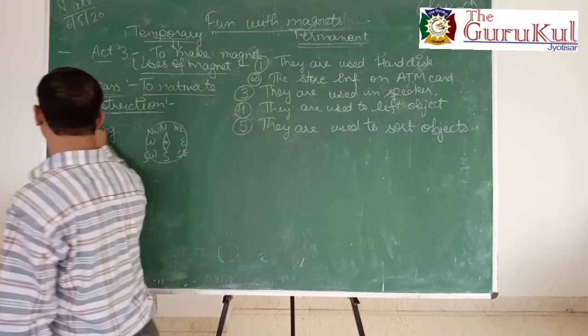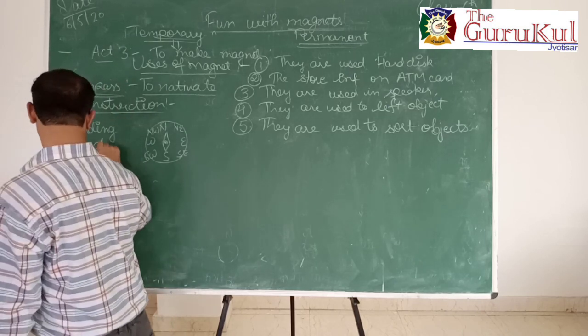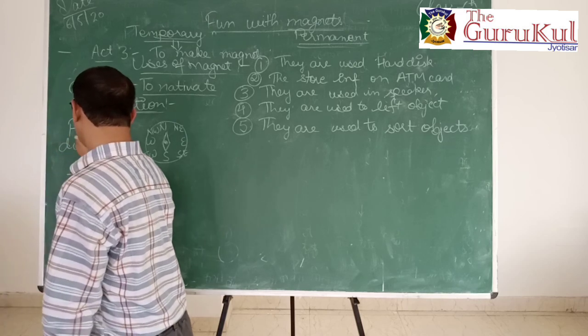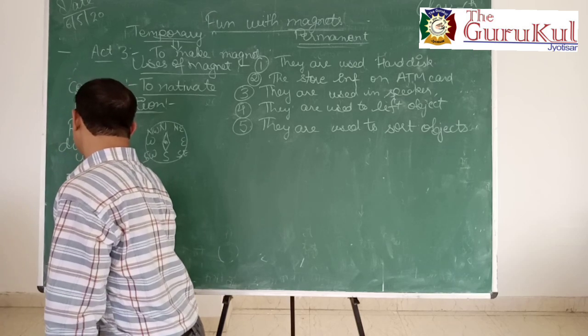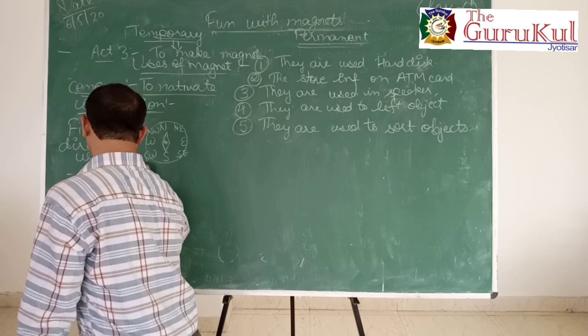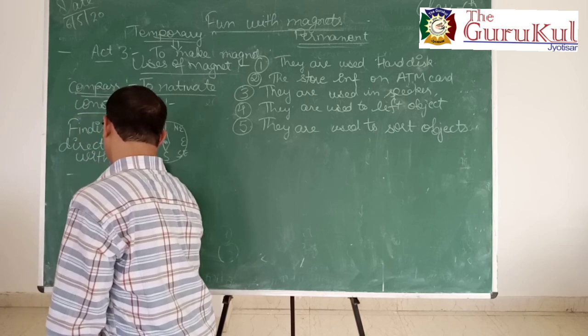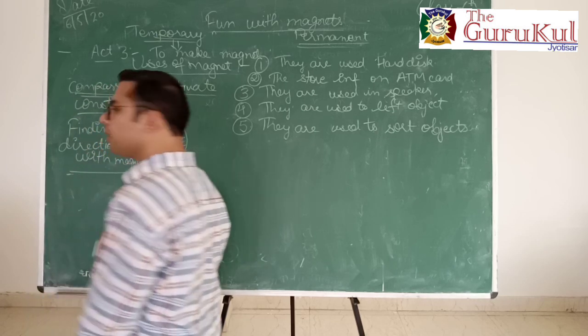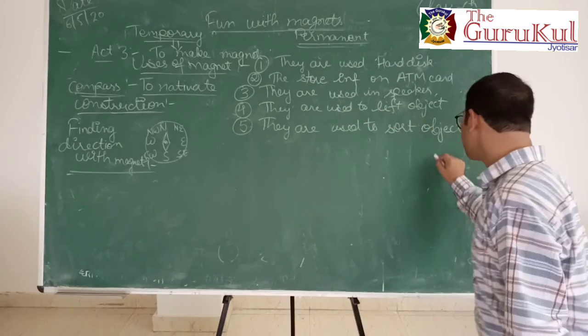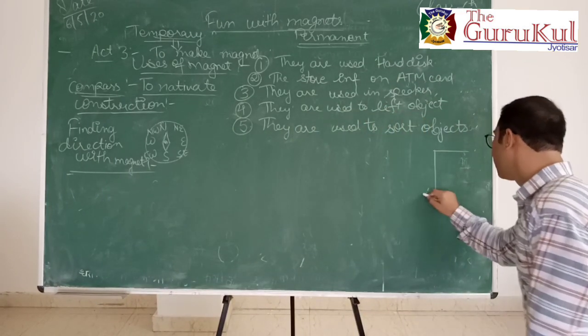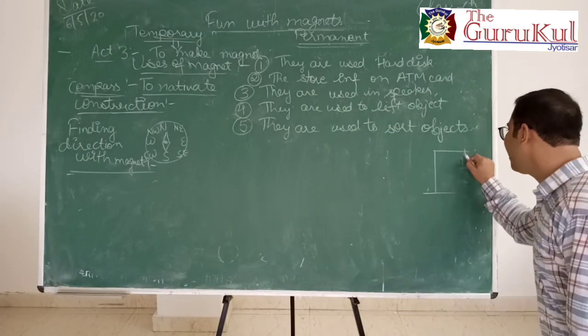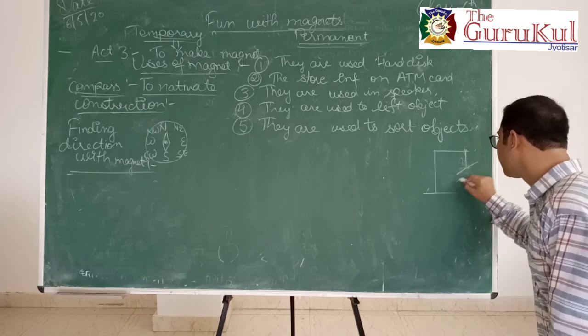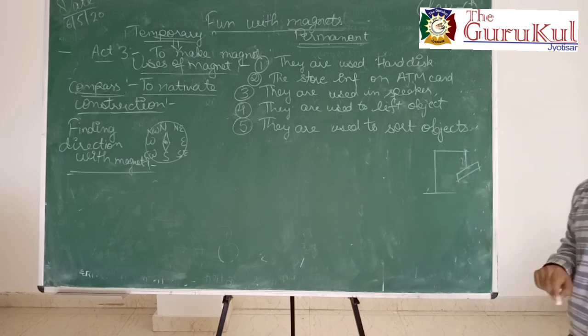Finding direction with magnet. How we can find the direction with the help of a magnet? Same. You take a stand. Now freely suspend the magnet. So what happened?